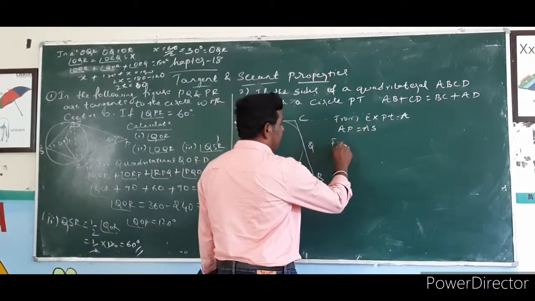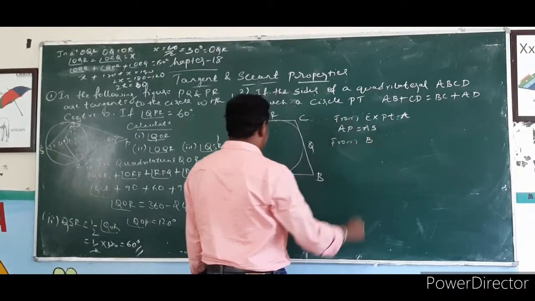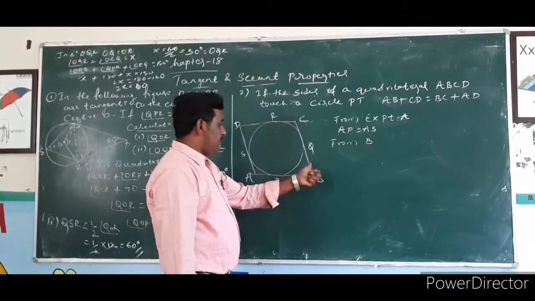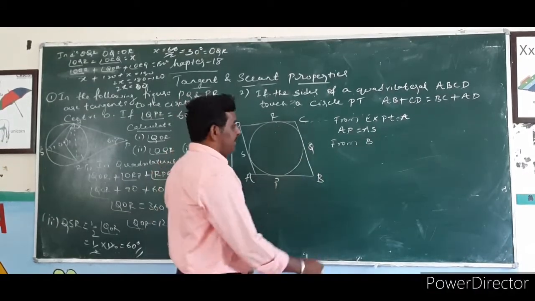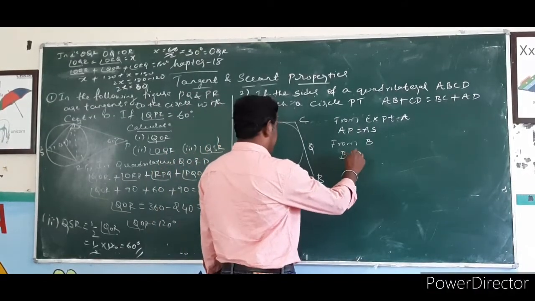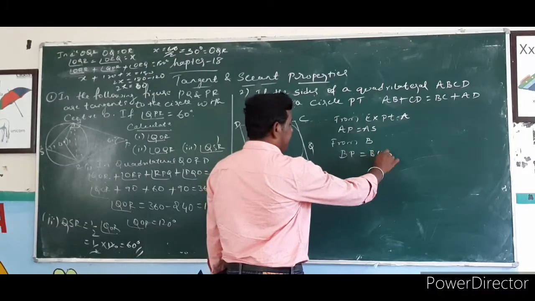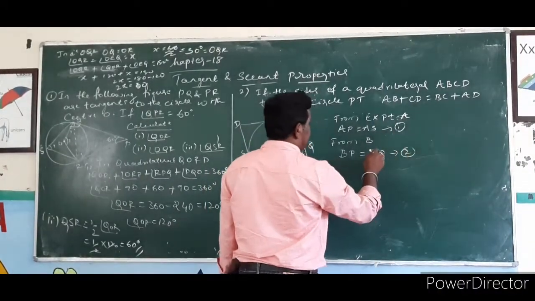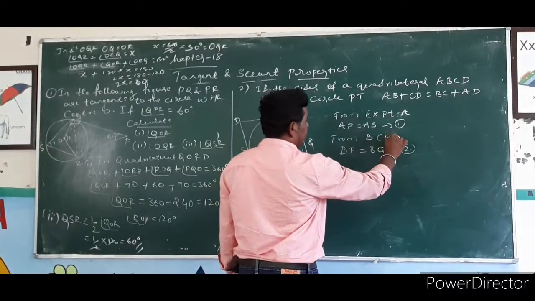Similarly from B, the two tangents BQ and BP, so BP is equal to BQ. This is equation number 1, and this is equation number 2, from external point B.